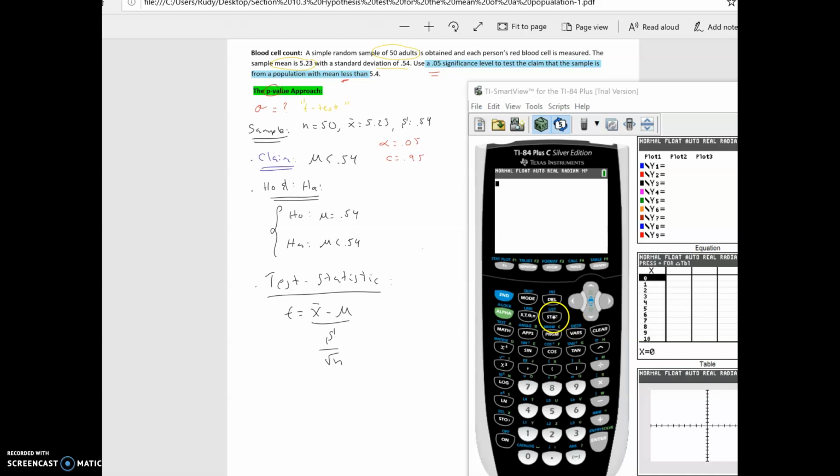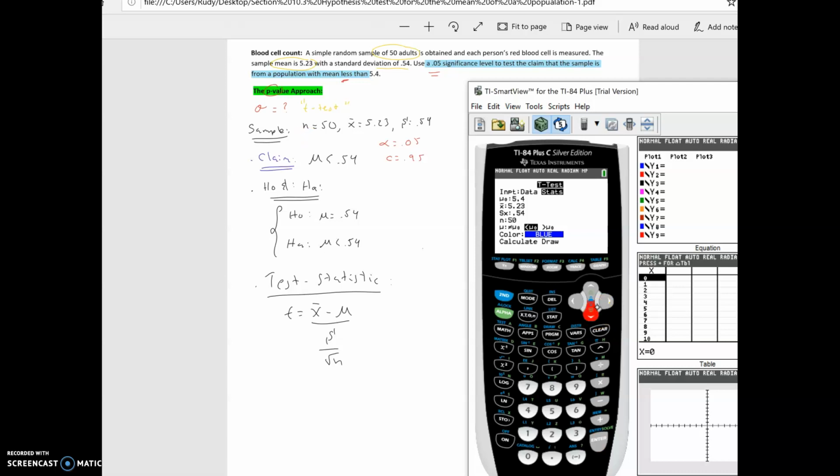So for the code, you're just going to hit stats, then go all the way to test. Because we don't have the standard deviation of the population, this is going to be a t-test. Within the t-test, make sure that you're running the claim that the population mean is less than 5.4. So that's going to be your first input.